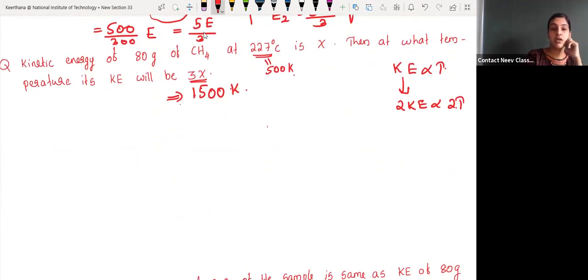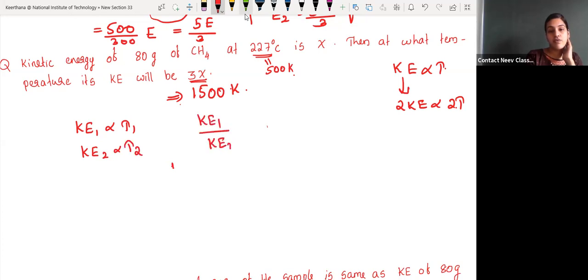So 3 into 500 Kelvin is equal to 1500 Kelvin. I can use kinetic energy of 1 directly proportional to T1, kinetic energy of 2 directly proportional to T2. So you can write kinetic energy of 1 by kinetic energy of 2 is equal to T1 by T2.